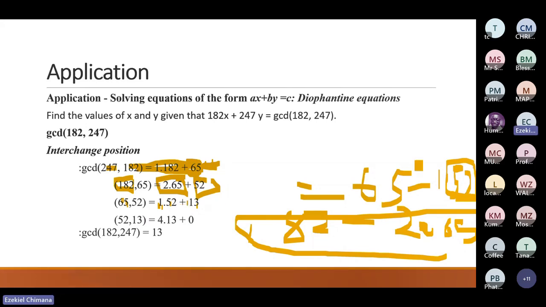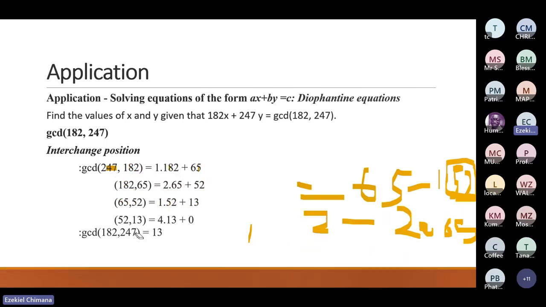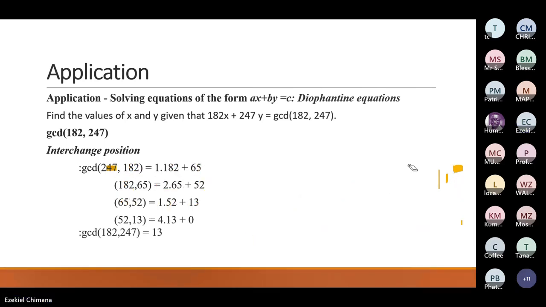If you practice very well on the Euclidean algorithm, finding the GCD, it will be easier for you to reverse the algorithm.